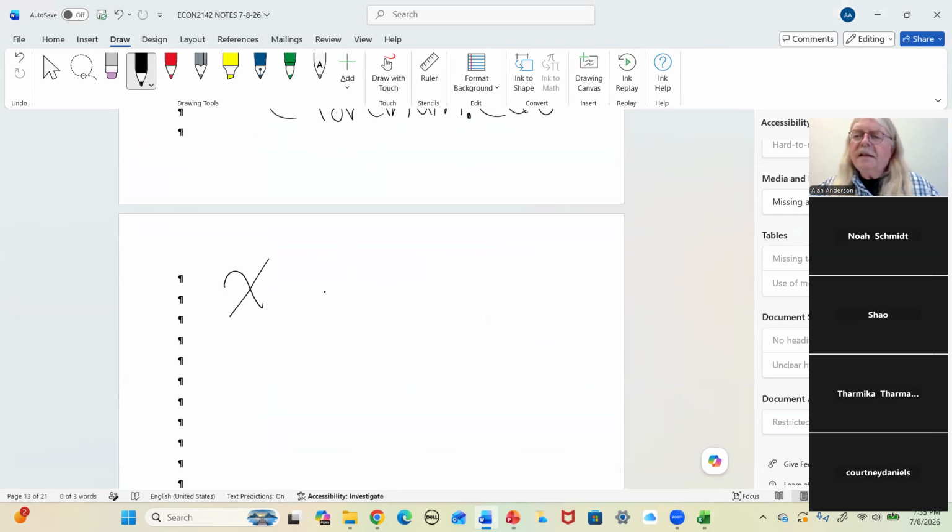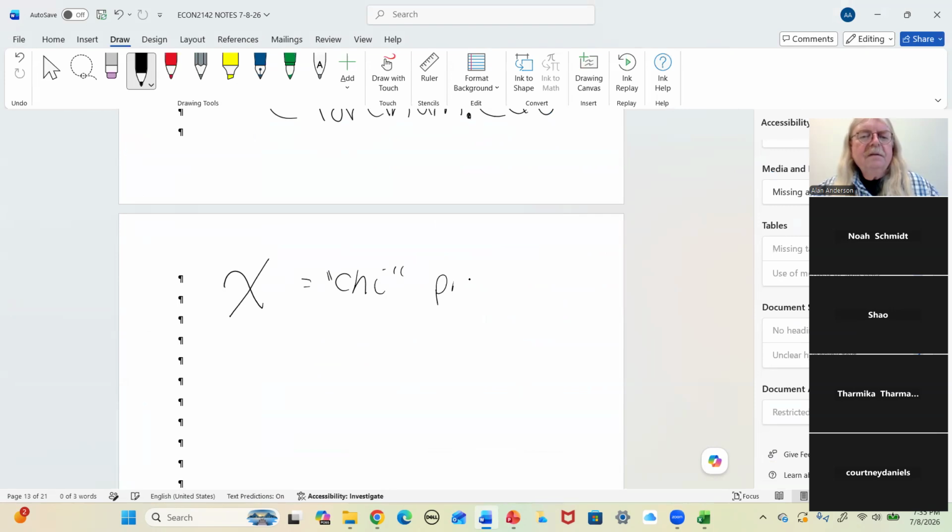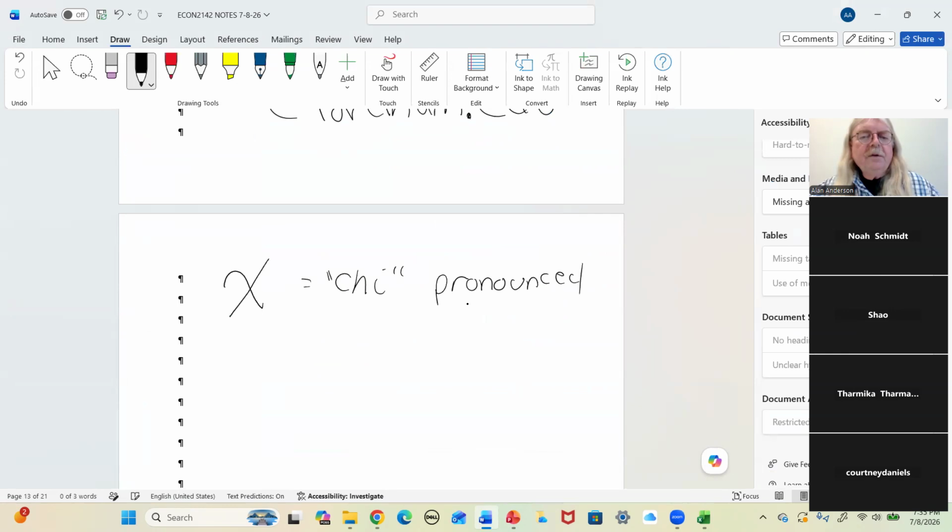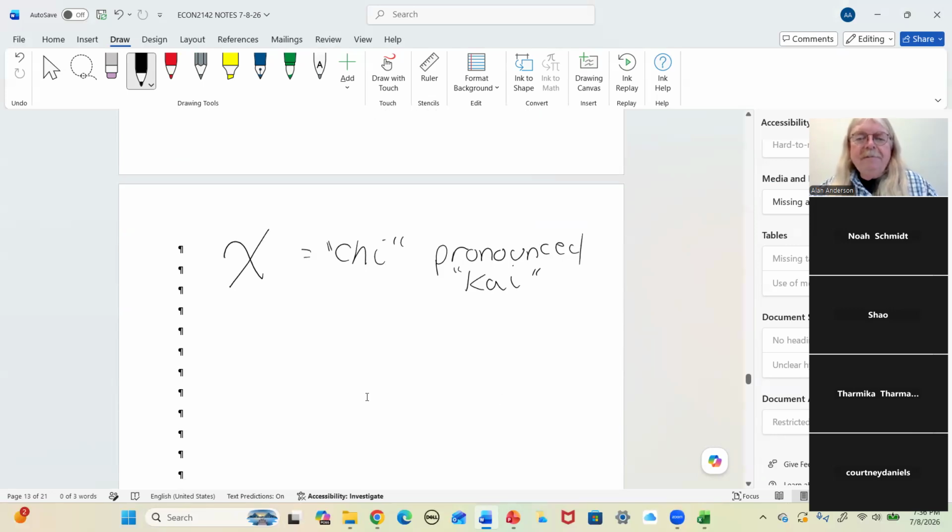It's basically a fancy X. It's spelled CHI, but it's pronounced as if you were saying Chi. Don't ask me why. I'm not a scholar of ancient Greek languages. Not even close.